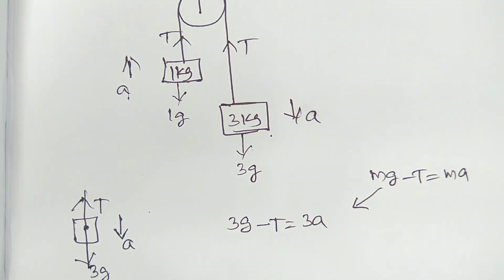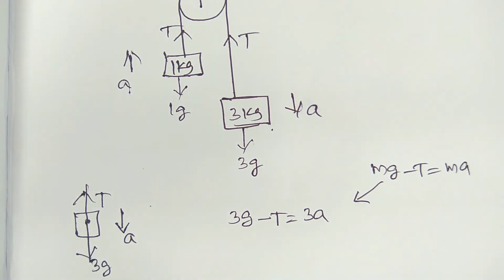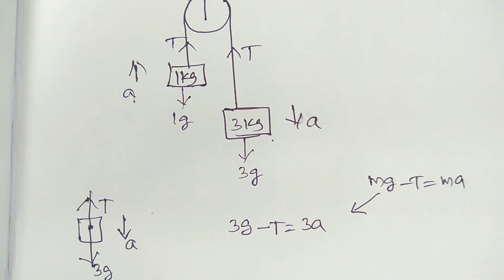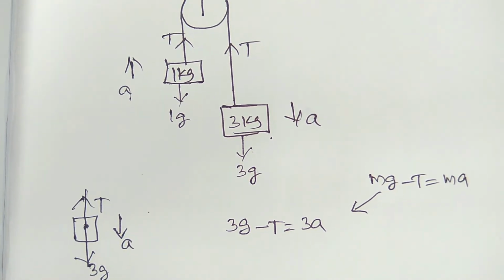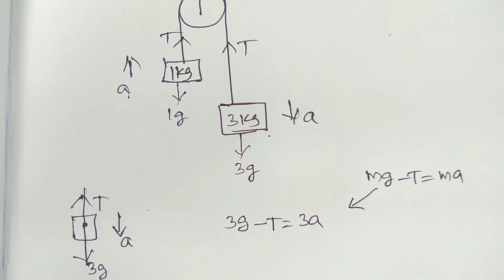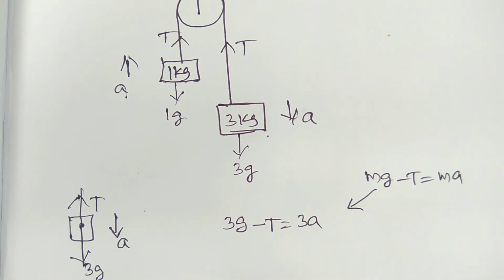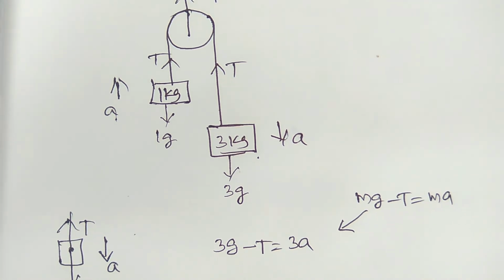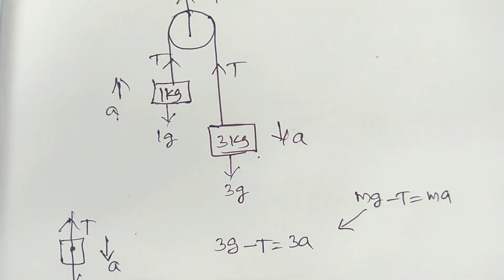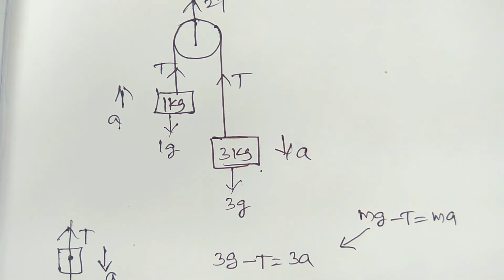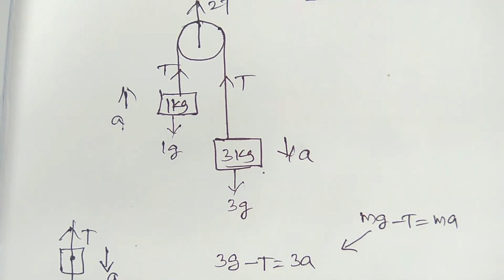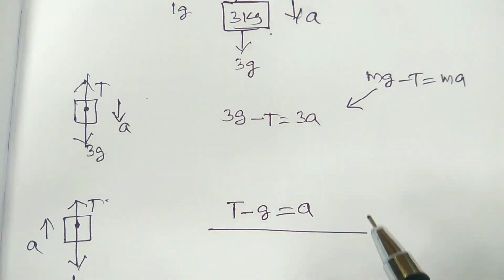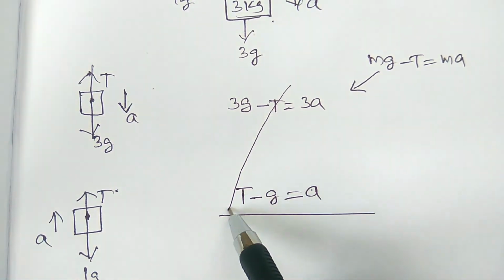Coming to the second body, there is tension T and the weight is 1g, and the acceleration is upwards, a. Then we can write T − g = 1 × a, that is a. Both equations are added, and T and T cancel out.